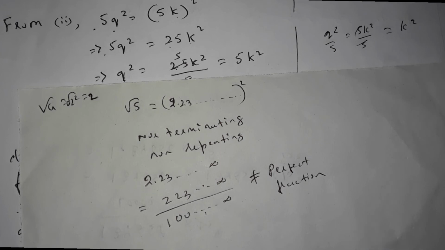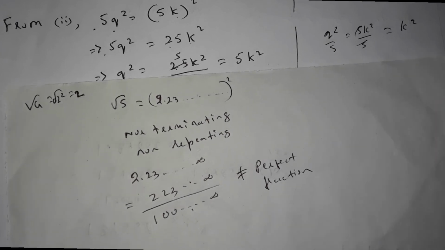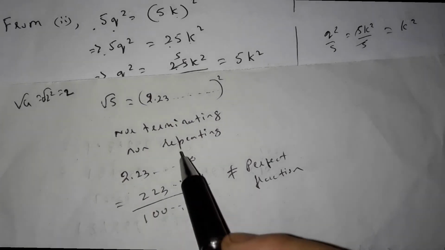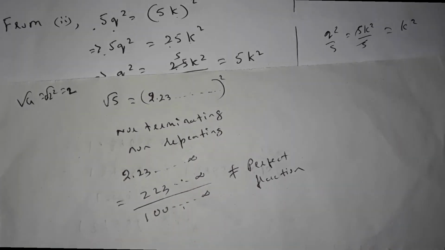That is why root 5 has a non-terminating decimal, meaning it never ends. Non-repeating means the numbers will not repeat. 2, 3, 6, and then whatever numbers come later, it will be non-repeating. That is why it is an irrational number.